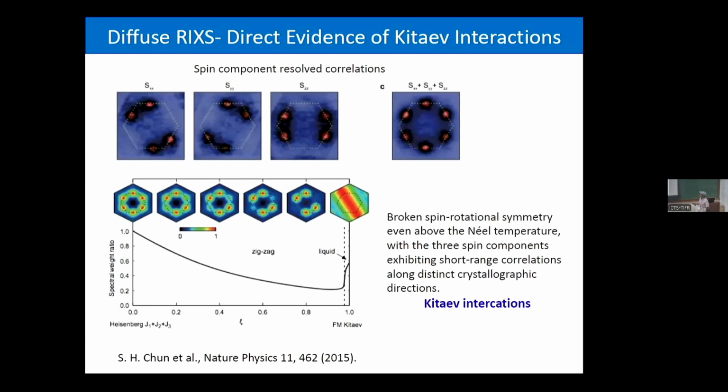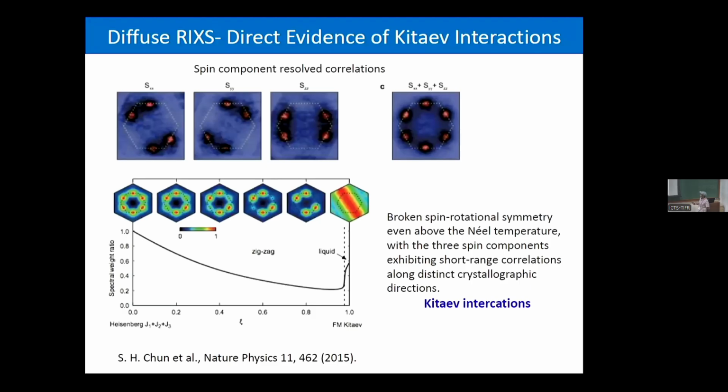A calculation was done on what the SXX, for example, should look like if the model had Heisenberg versus Kitaev. In the Heisenberg limit, you would have completely isotropic intensity distribution, which is not seen here. In the spin liquid, of course, everything is diffuse, but as soon as you add a small amount of Heisenberg, you get structures which we see here.